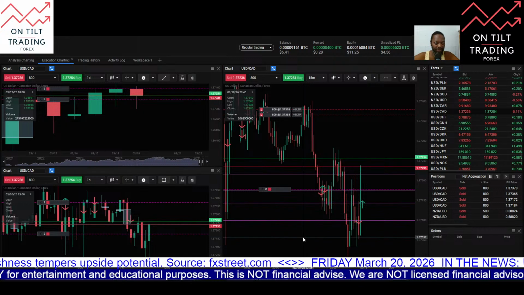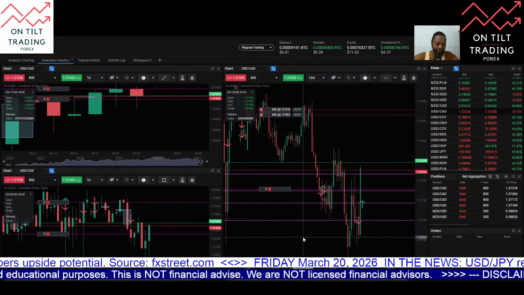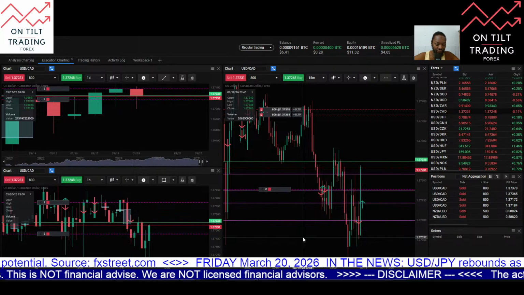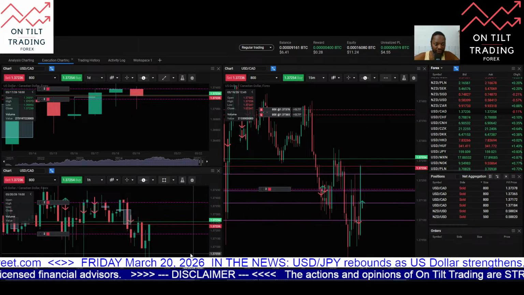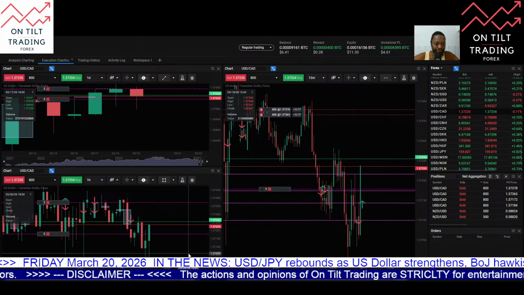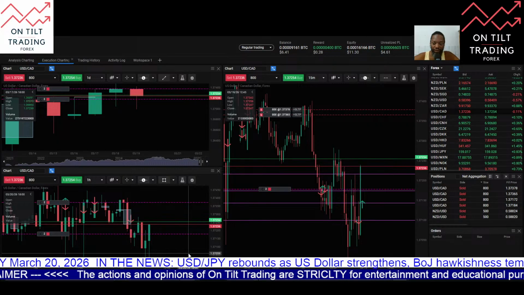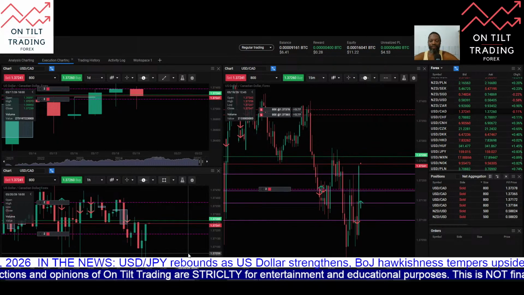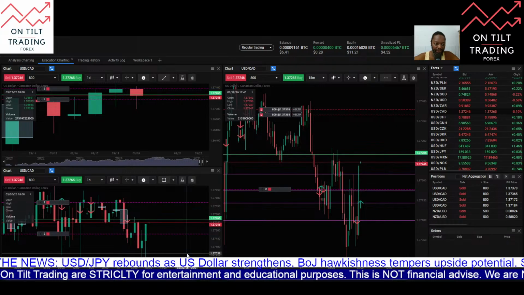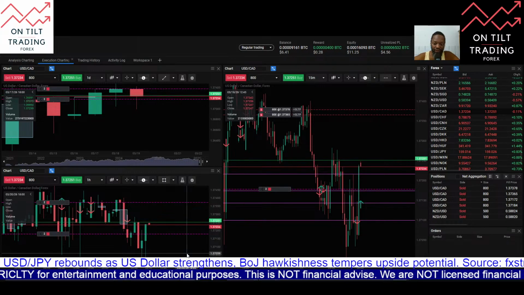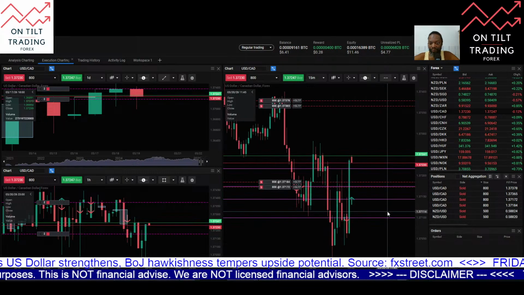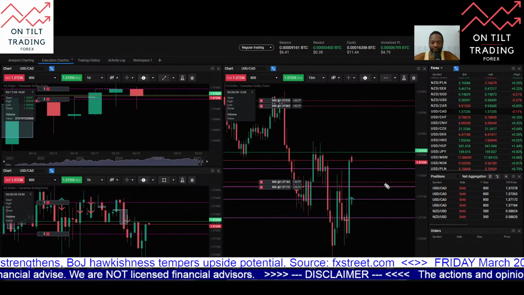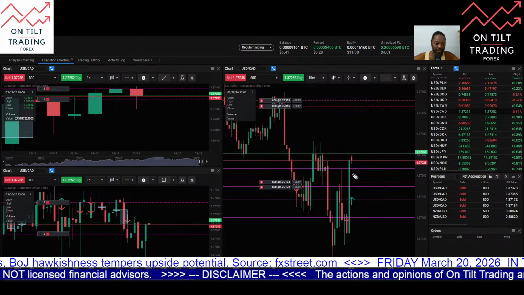So we'll see if that's true, following this most recent break of structure. But price did reach a daily liquidity level, so we'll see if that is going to be a more powerful price action than the current price action.